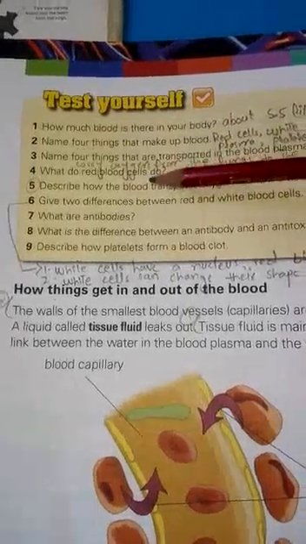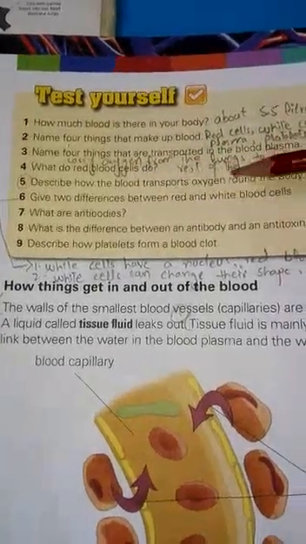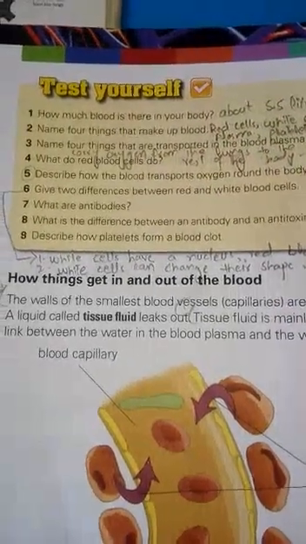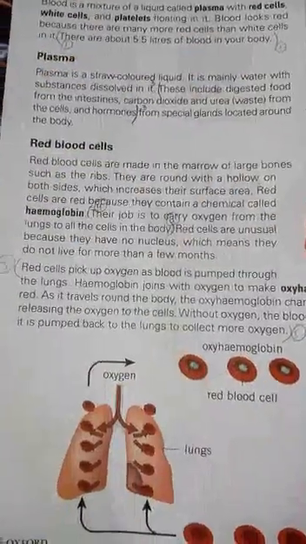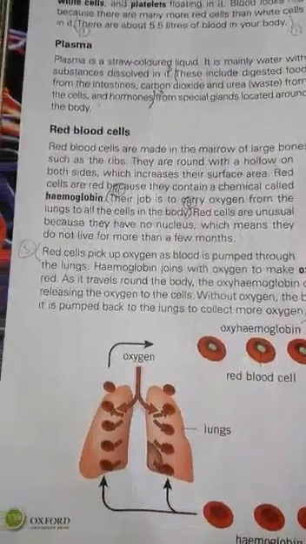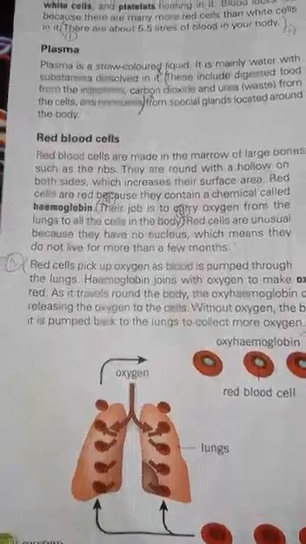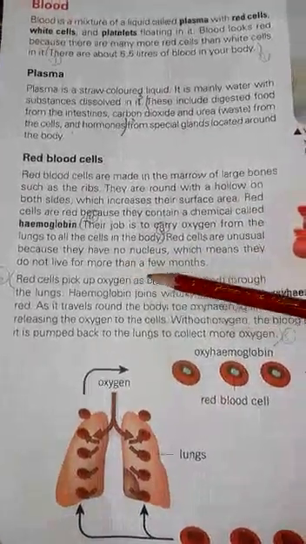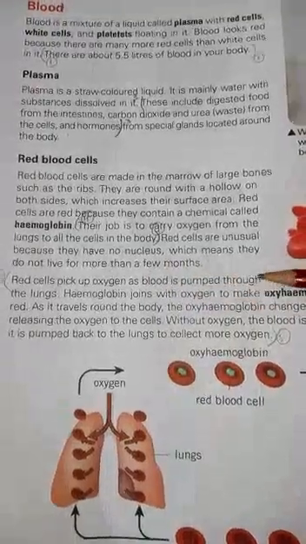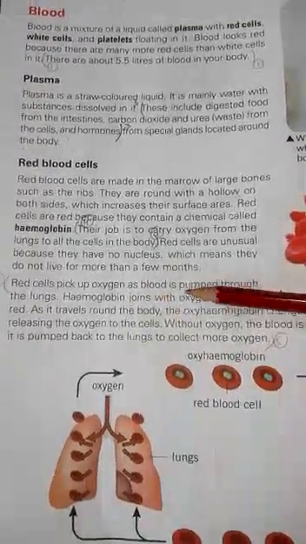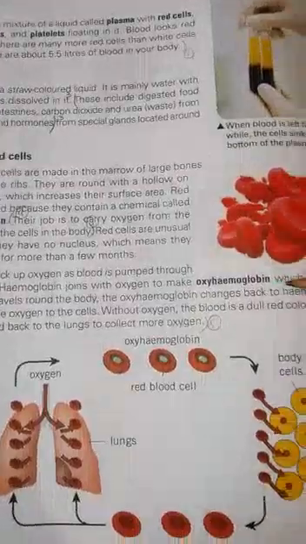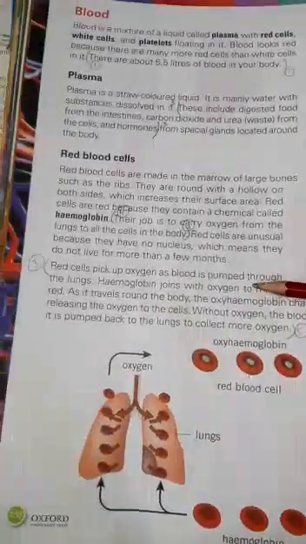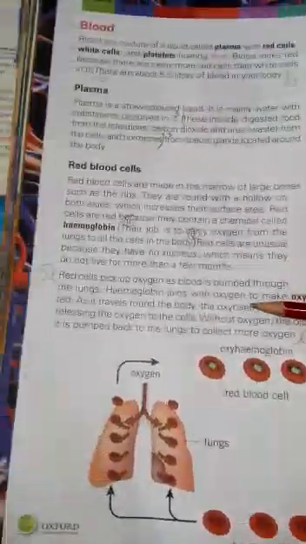The next question is, describe how the blood transports oxygen around the body. So the answer of question number 5 would be on page number 138. It will start from here. Red cells pick up oxygen as blood is pumped through the lungs. Hemoglobin joins with oxygen to make oxyhemoglobin, which is bright red.